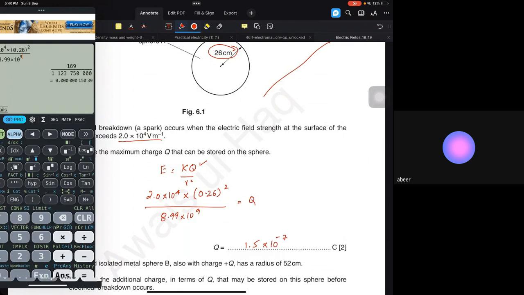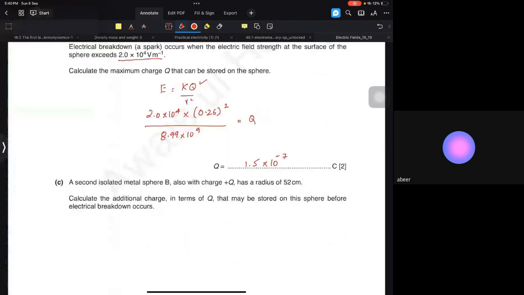Then in the next one, it says an isolated metal sphere B, also with charge plus Q, has a radius of 52. Calculate the additional charge in terms of Q that may be stored on the sphere before the electrical breakdown. Okay, right, I understand that.